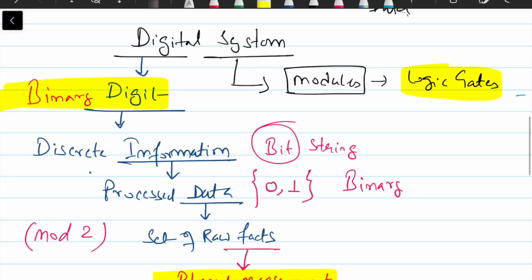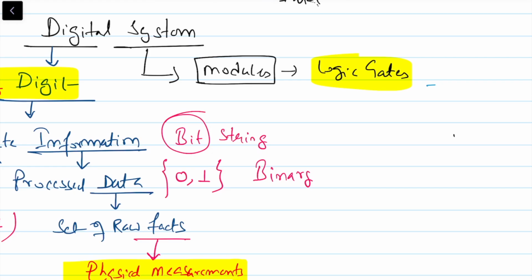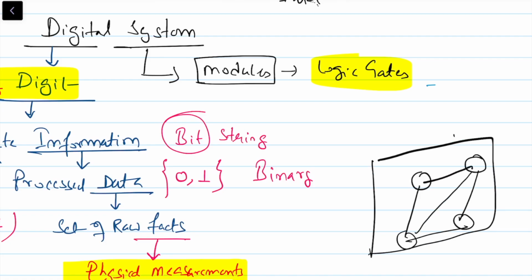So, you can think of a digital system as a collaborative combination of various logic gates which takes discrete time signals as input, expressed as s of t, and it produces a discrete time signal.